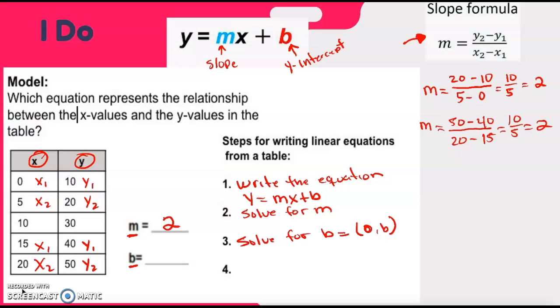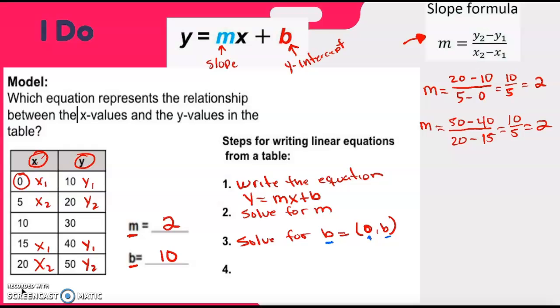So we look back up here and we notice that we do have a 0, and it is right there. So when x is 0, we look at that value and y is 10. So therefore b would have to be 10. The value of b is equal to the value of y when x is 0.